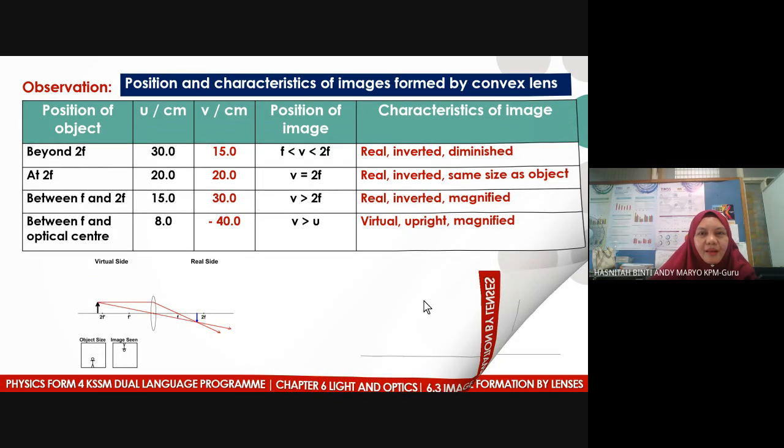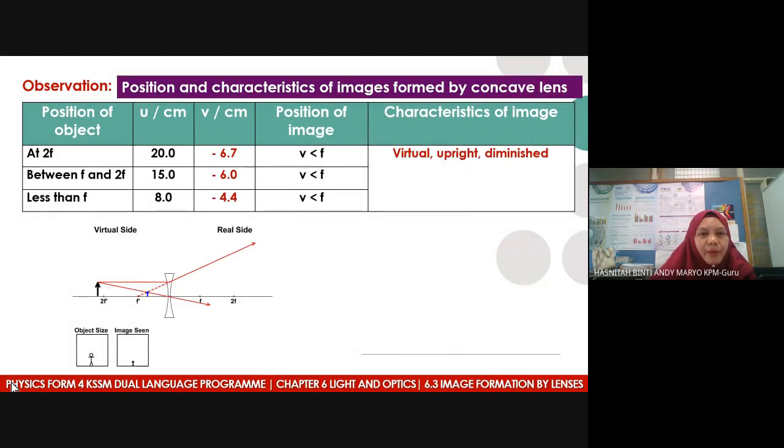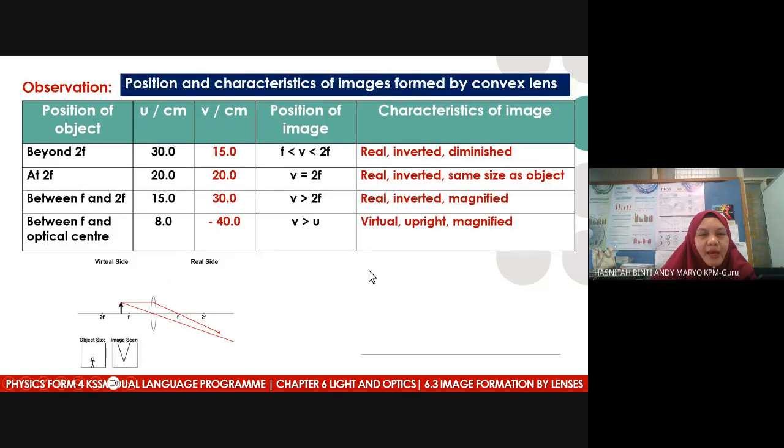So students, when we look at this, actually you can come to a conclusion. What is the conclusion we can make here? When the object distance u is greater than f, then the image produced will be real and inverted.